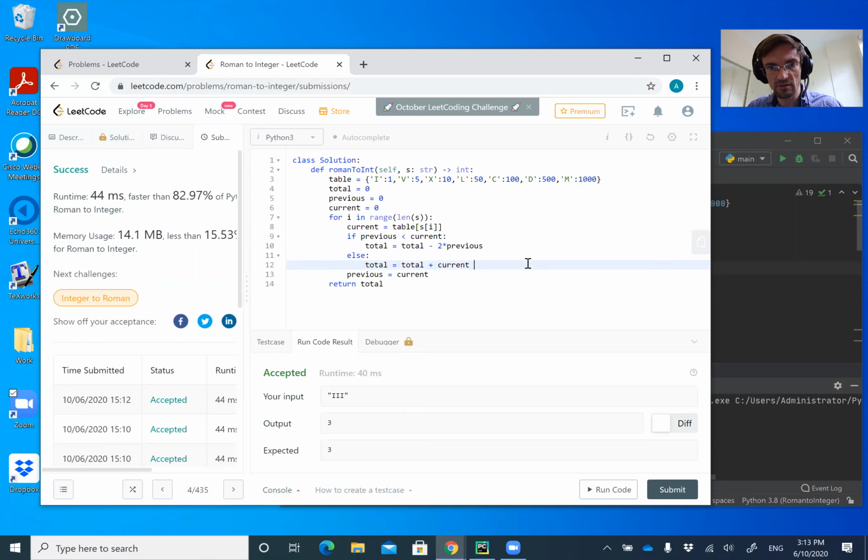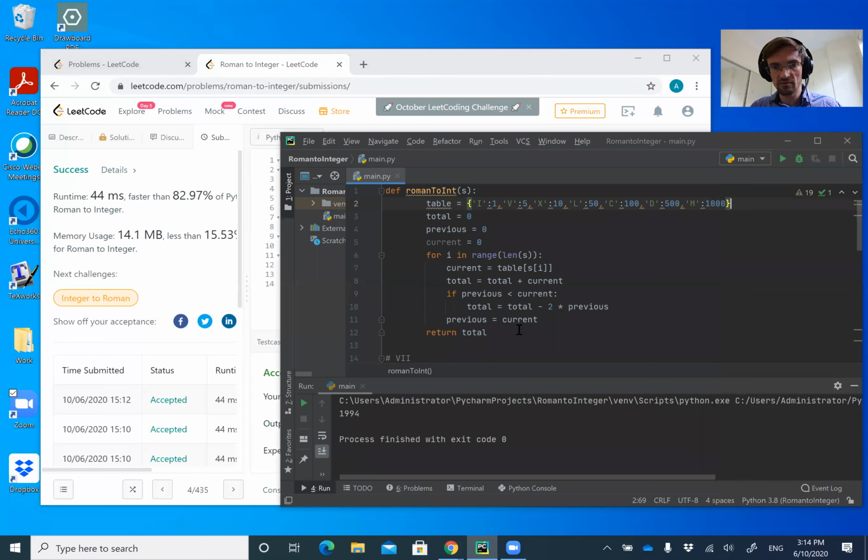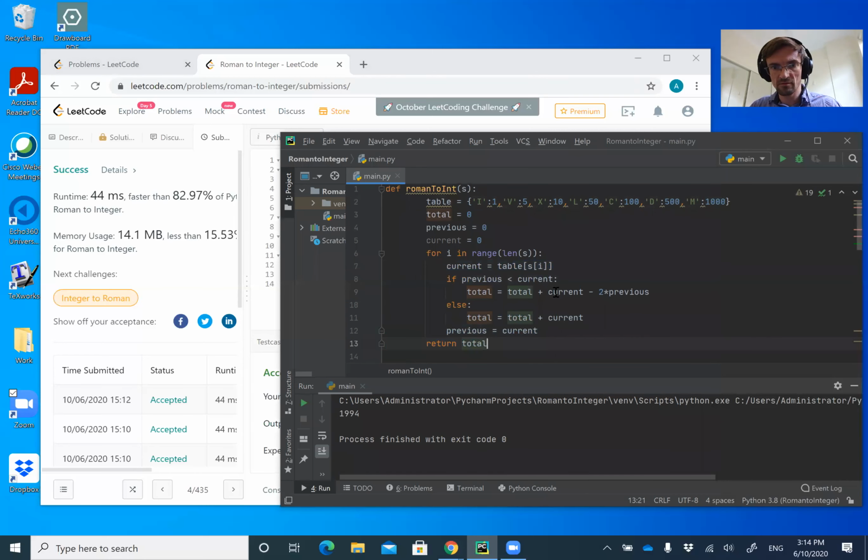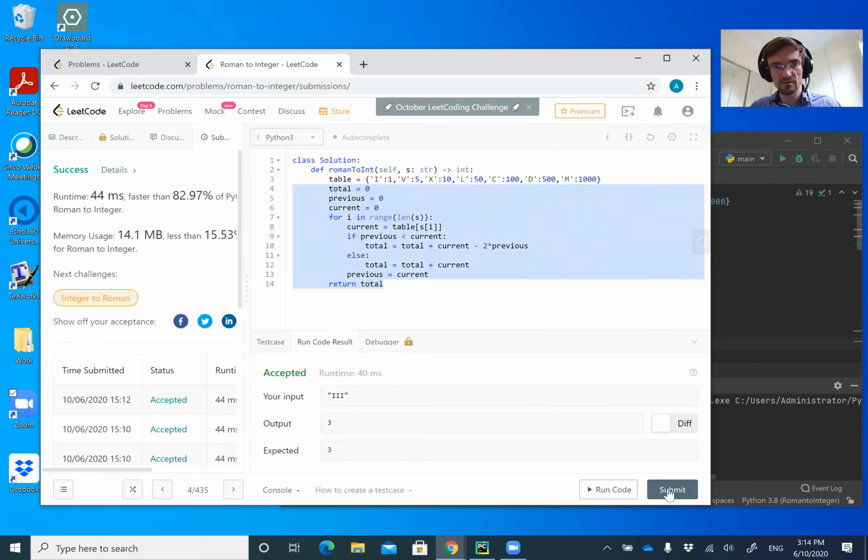No, like that. So there would be plus current and minus, so instead of splitting it up, it does it in one go. Okay, again a little bit different than before. Let's just run it and see. It seems to be working still. Submit.